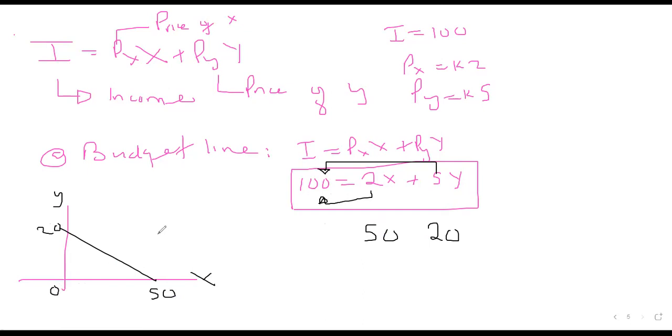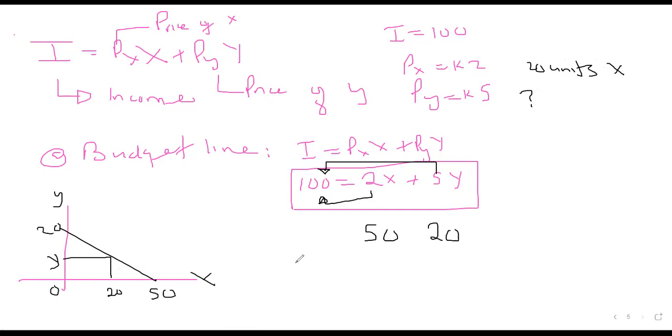Now, budget lines are very important because they show how much you're going to consume of good X or of good Y. So in this very question, suppose I told you that this particular person decided to buy 20 units of good X, how many units of good Y are we going to have?